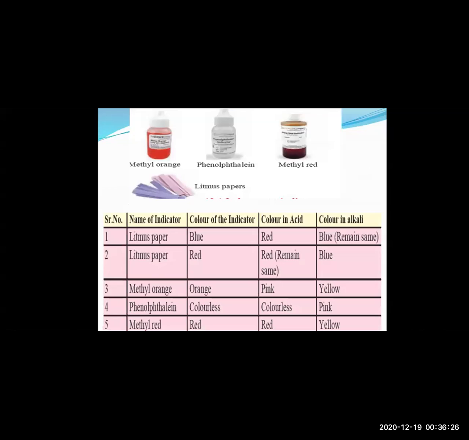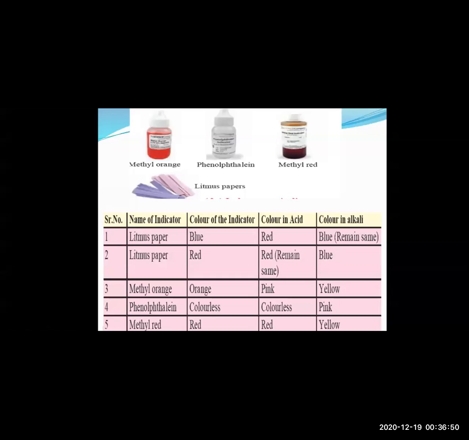Now I will show you some types of indicator. Here you can see methyl orange. The name only tells that this indicator is of orange color. Naphthalene, this is a colorless solution indicator. Methyl red, this is red in color. So these are some indicators which are useful for identifying the acid and base solution.